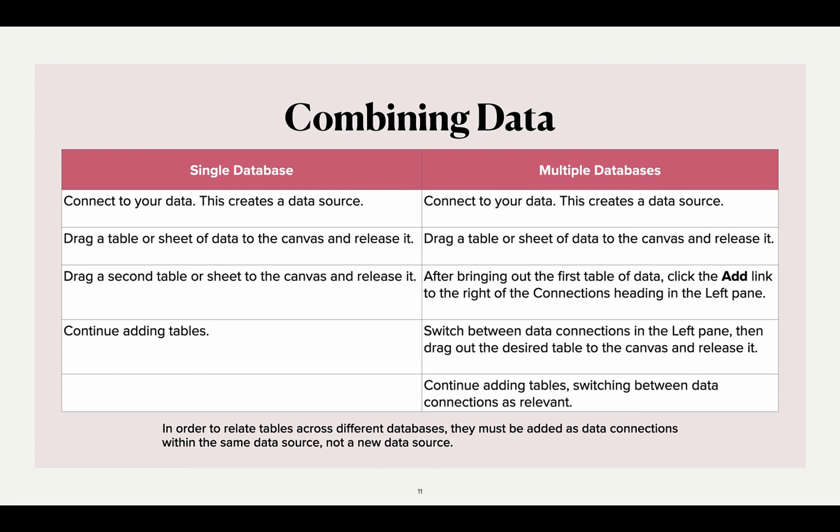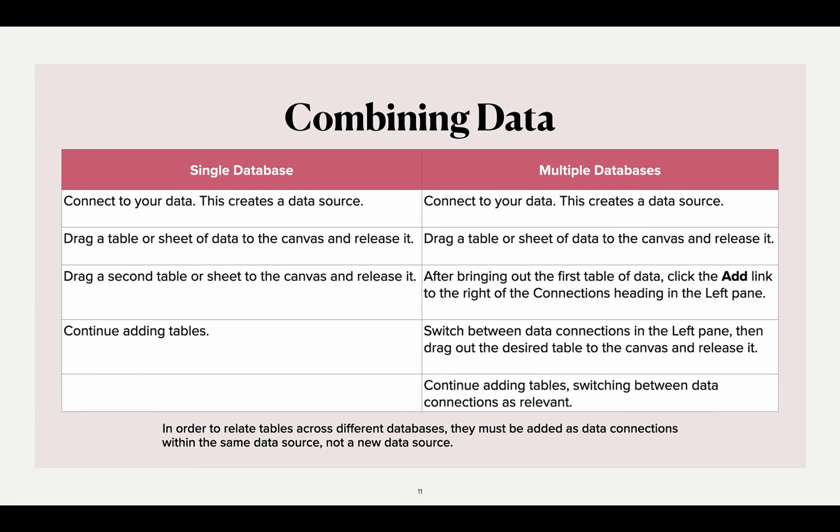Next, I just want to talk about combining data. So when you've made that connection in the connection layer, you can connect to either a single source of data. Here it says database, but it could be a database or an Excel spreadsheet or a PDF file or many other data types. Or you could connect to multiple data types.